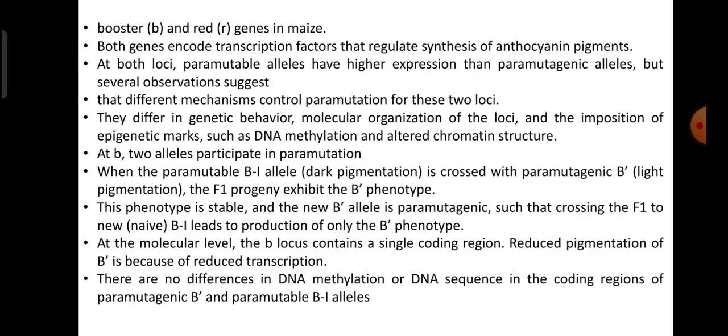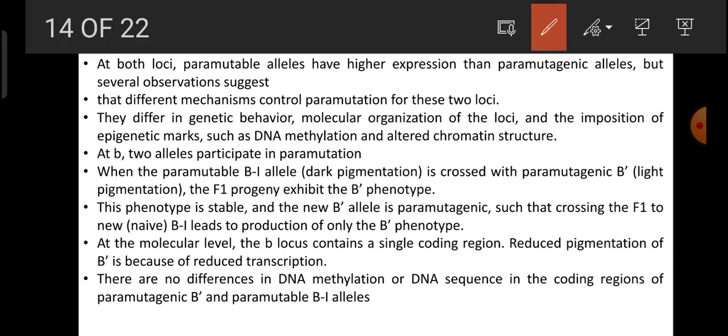That is what is explained here. At the molecular level, the B locus maintains a single coding region. Reduced pigmentation of B dash is because of reduced transcription. There are no differences in DNA methylation or DNA sequence in the coding region of paramutagenic B dash and paramutable B1 alleles. This sentence is again very important.